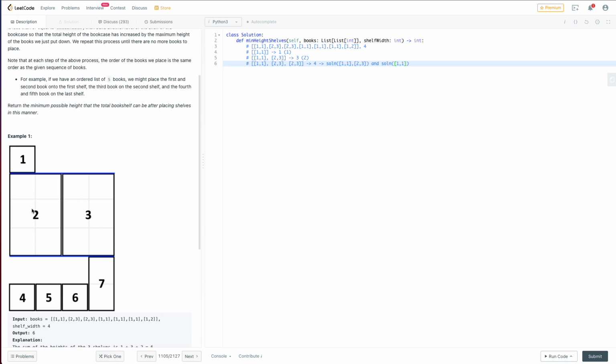But if I look backwards, let's say 2 was a height of 4.